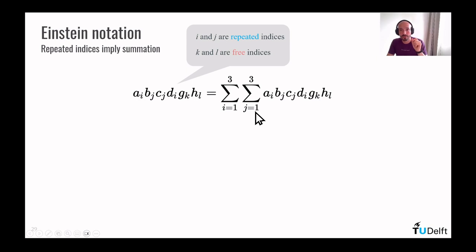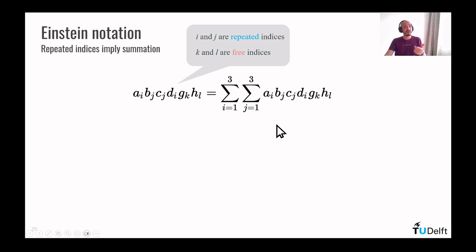So for example, j would vary from 1 to 3. Why 3? Because we are working in three-dimensional space, as I told you before. But it could be any dimension. And if it was dimension 6, for example, I would have to substitute the 3 by 6, right?